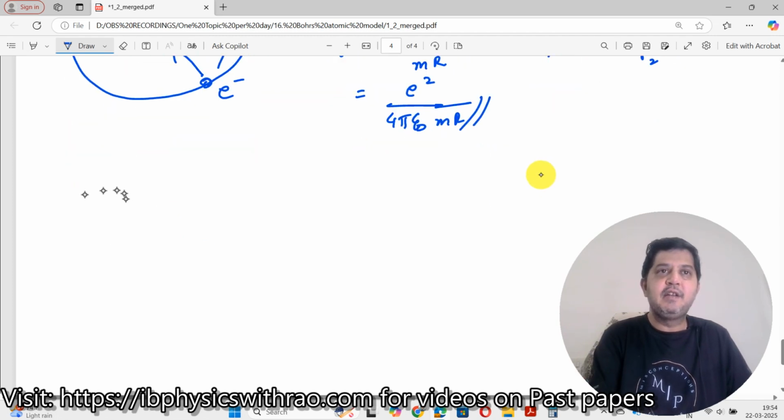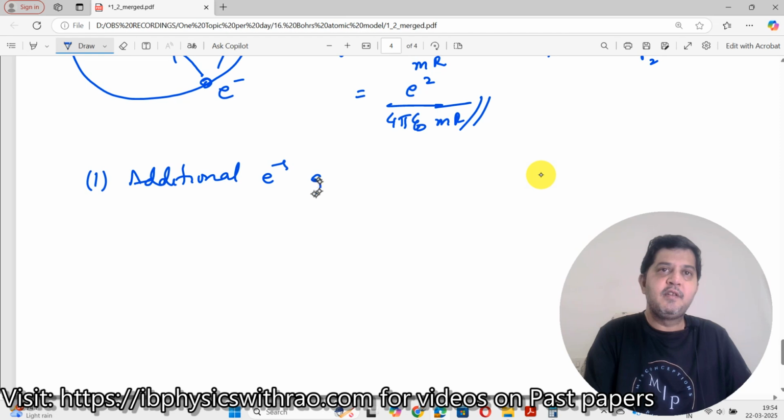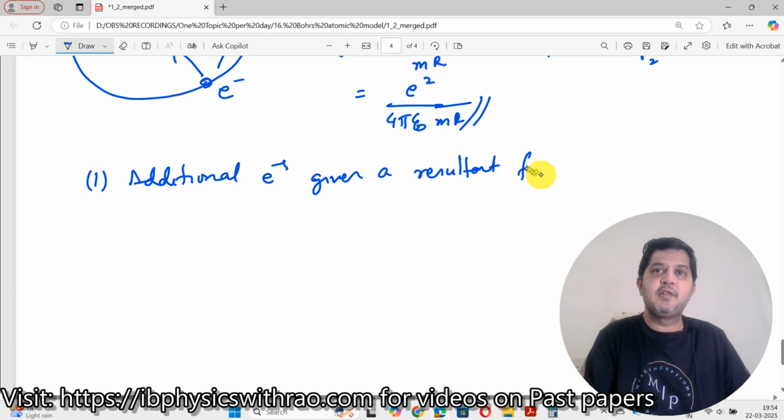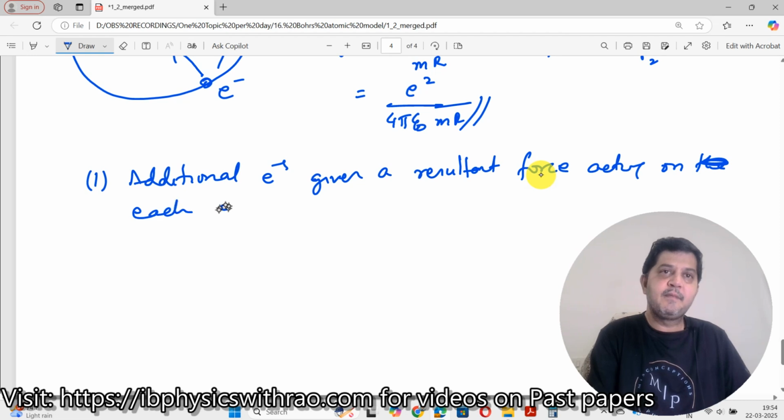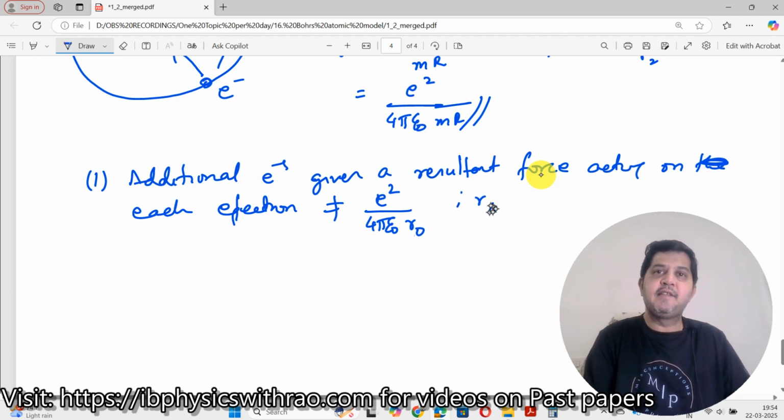You have to write: additional electrons give a resultant force acting on each electron not equal to e square divided by 4 pi epsilon naught R0, where R0 is equal to 0.53 angstroms.